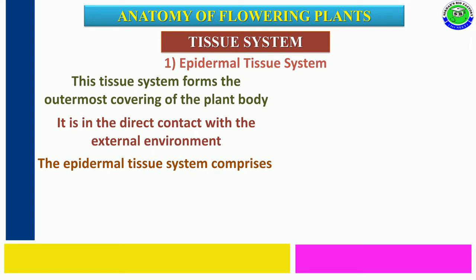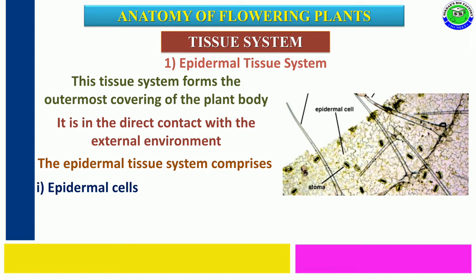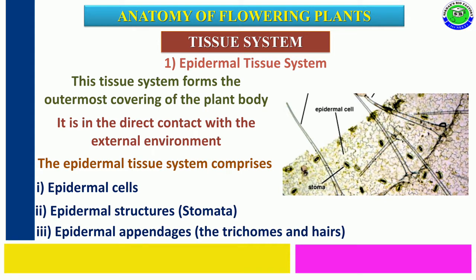The epidermal tissue system consists of various parts like epidermis, epidermal structures like stomata, and epidermal appendages like trichomes and root hairs.